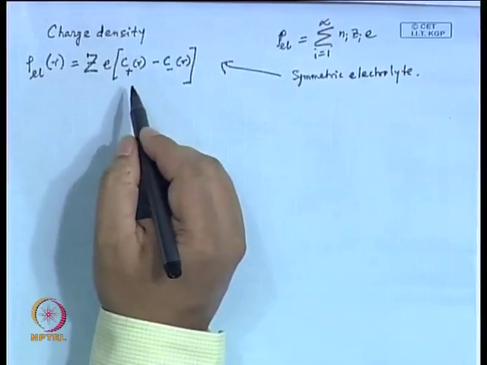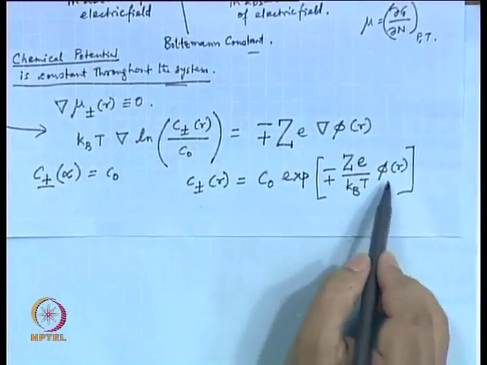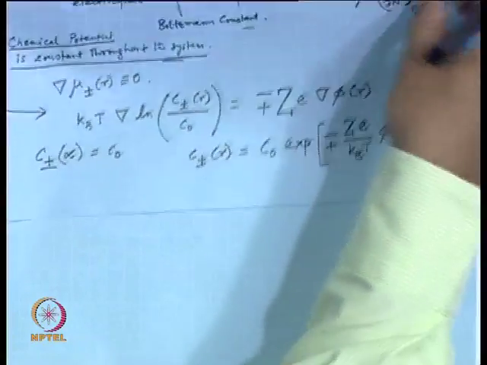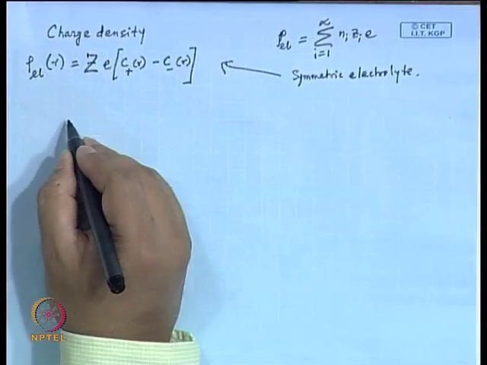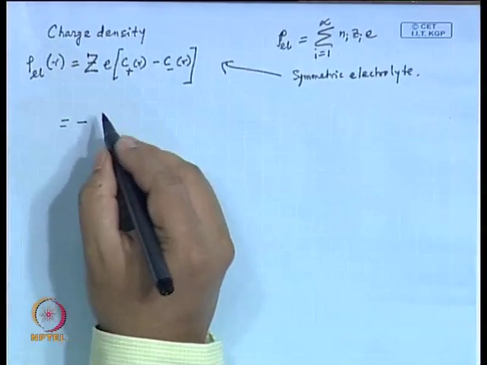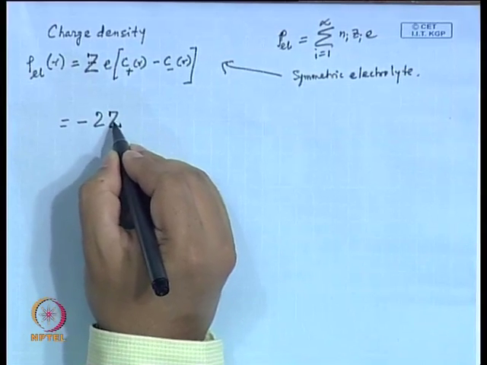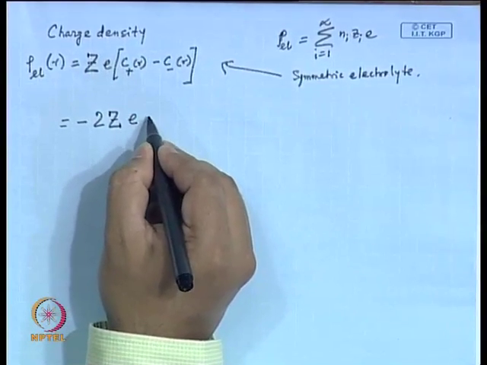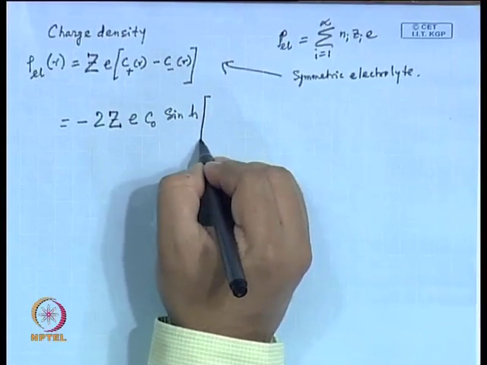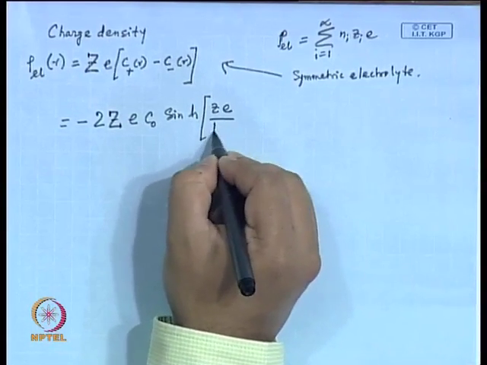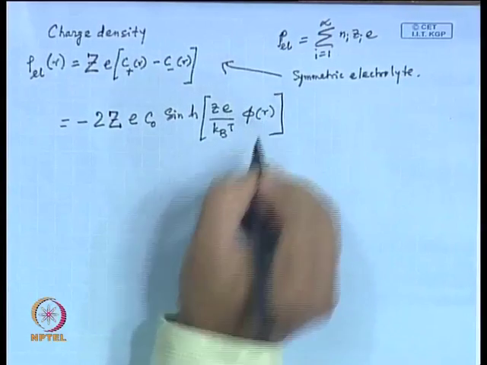So, if you bring in the expression that you already have for the concentration profile, what you get is rho EL of r equal to minus 2 Z E C0 sinh(Z E divided by KBT into phi of r).